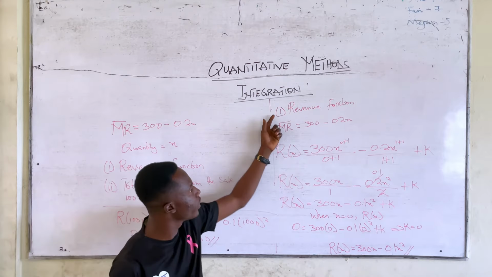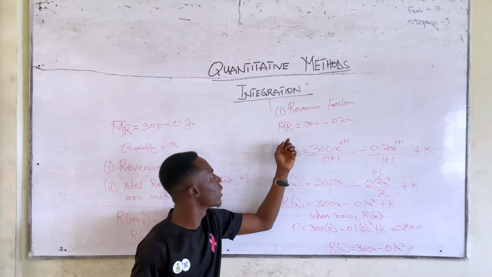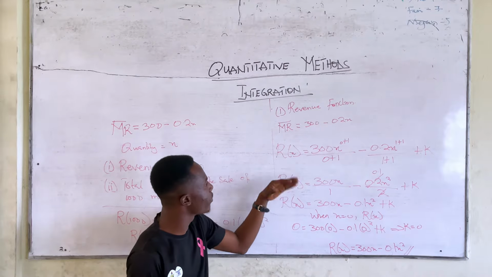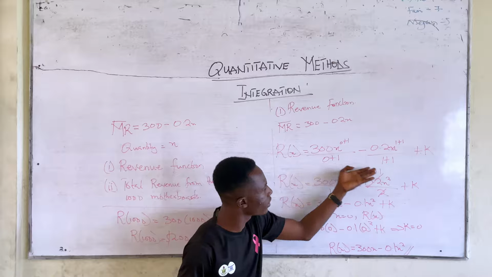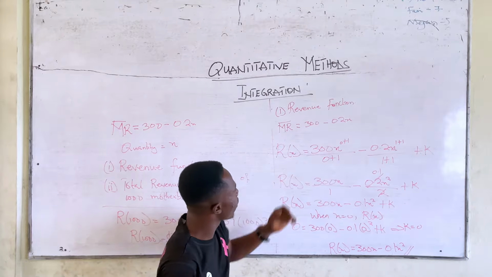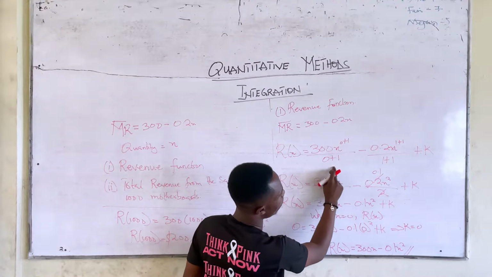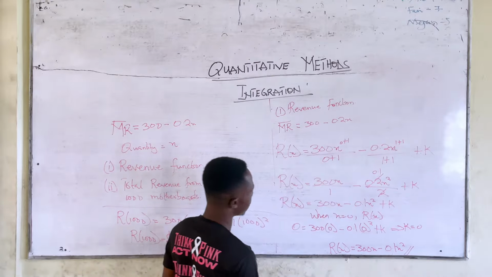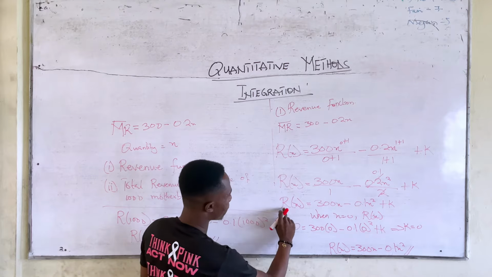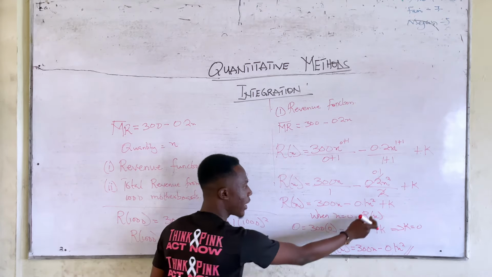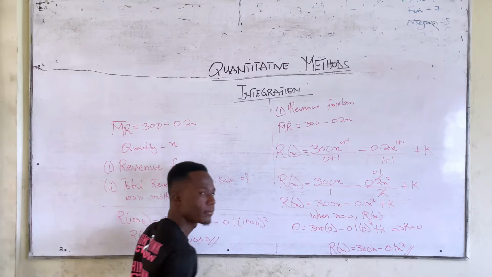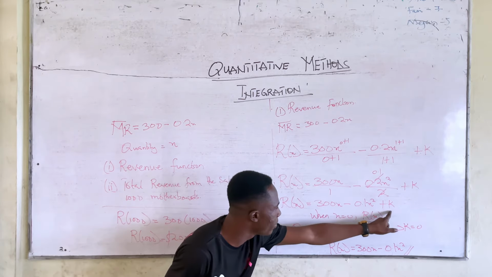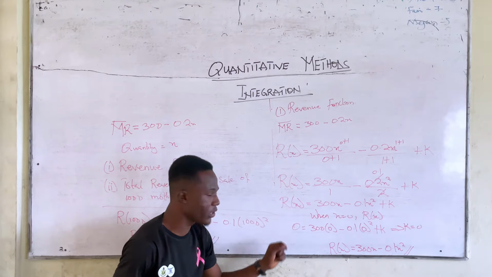And so if you read from here, from the marginal revenue we integrated this to get the revenue function. That is this. We came to this part of the calculation by integrating it. And here you have to eliminate this K, but you don't know the value of K. Before you eliminate this K, you have to know x and the revenue.